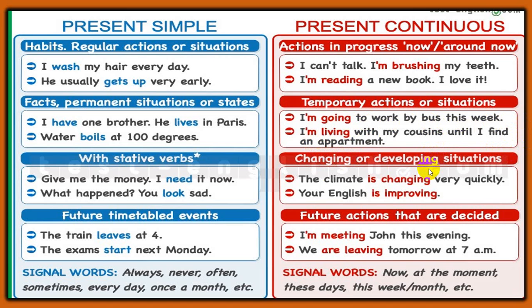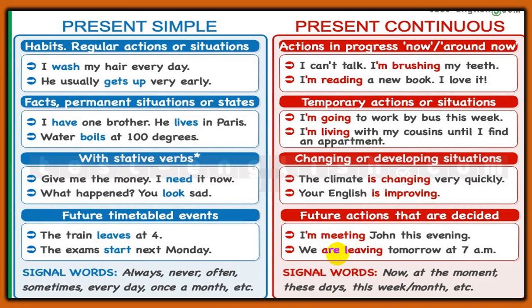The next usage, changing or developing situations. When we have an action that is changing, just like the climate is changing very quickly. Your English is improving. The fourth usage is with future actions that are decided, actions which are planned. We have planned for these actions.